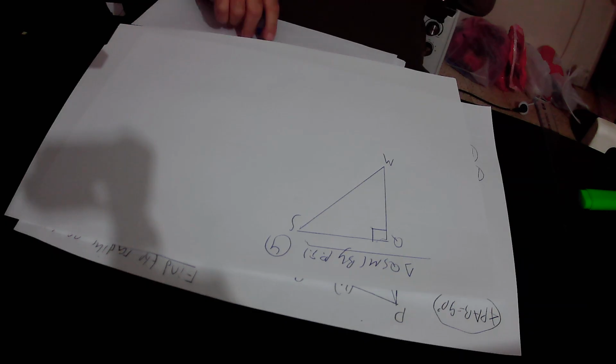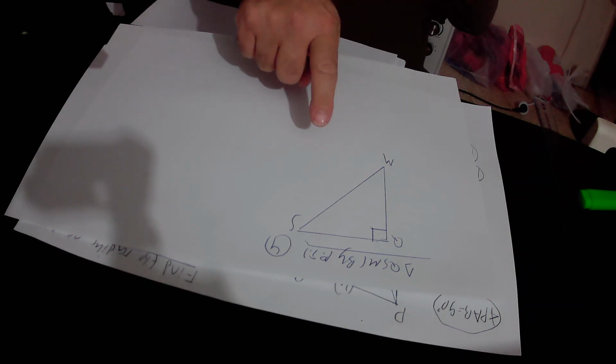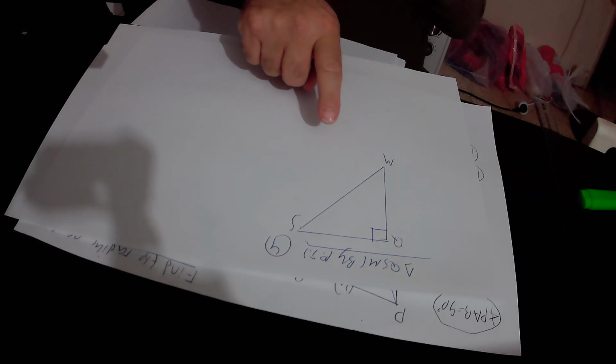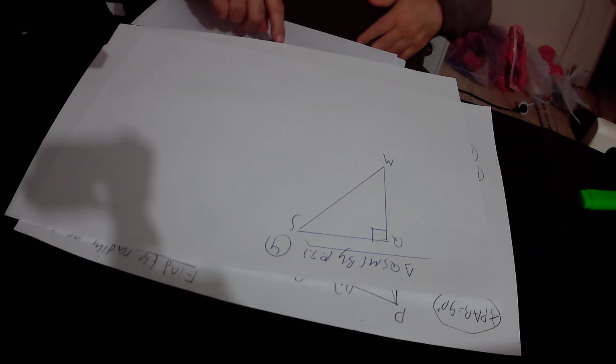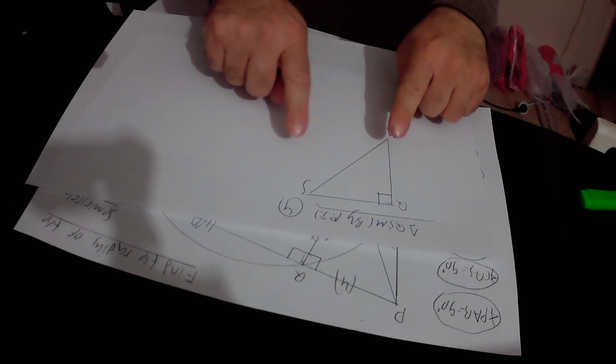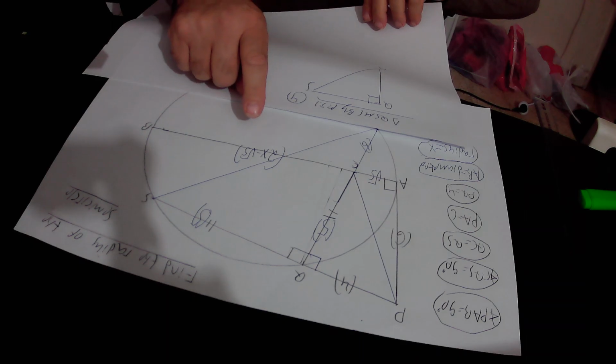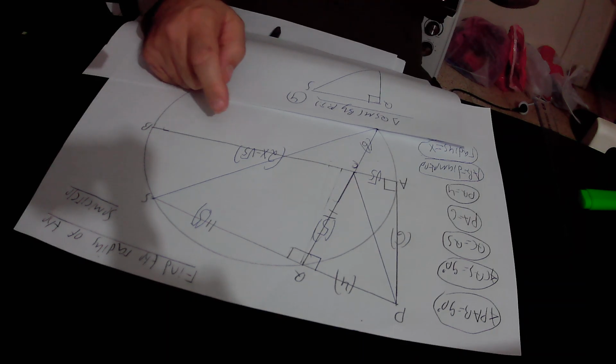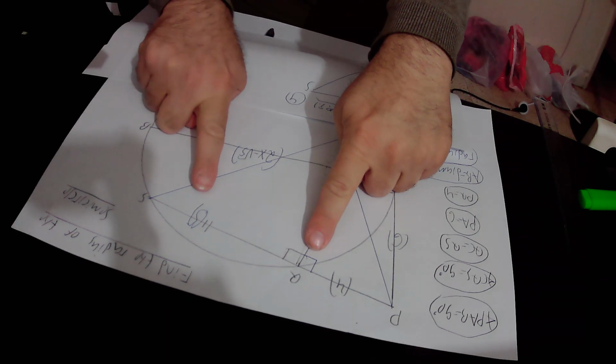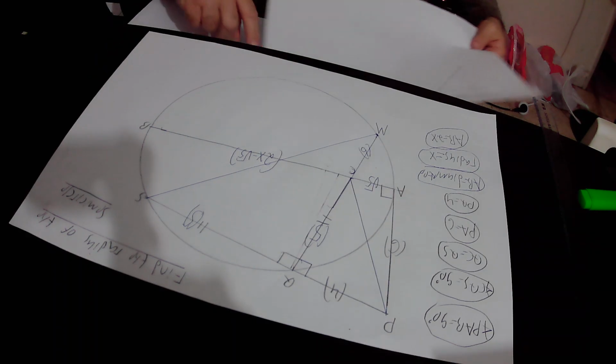So actually, this is the right triangle QSM that I copied from the original drawing. Side QS is equal to 5 units in its length.